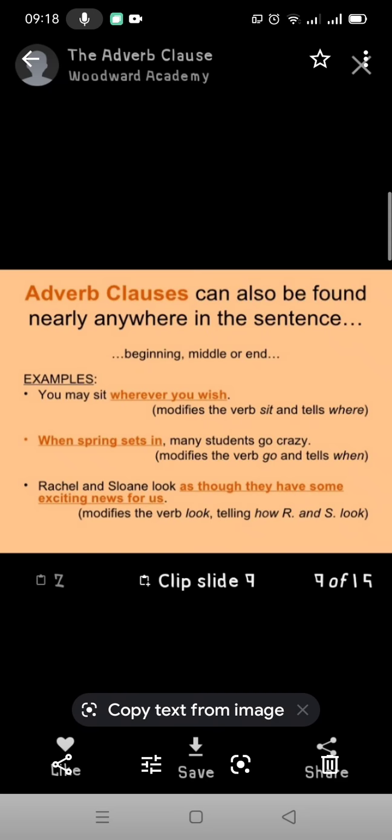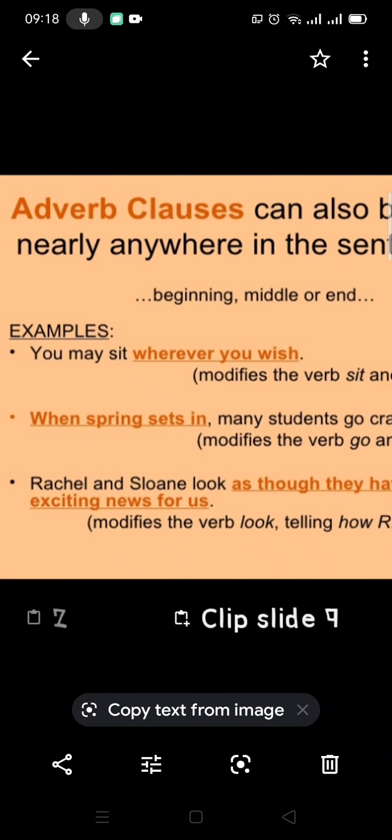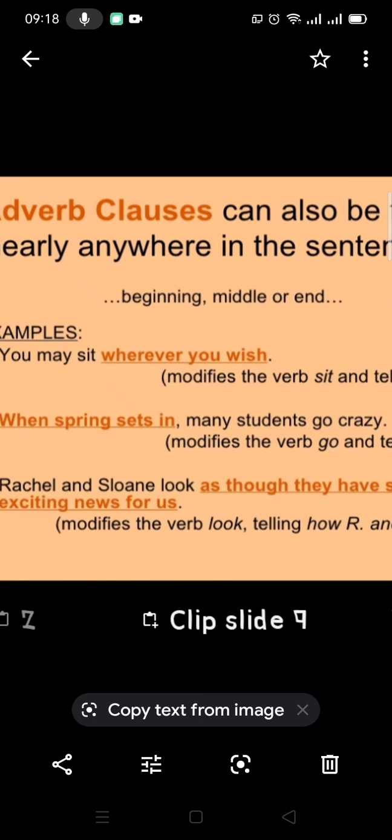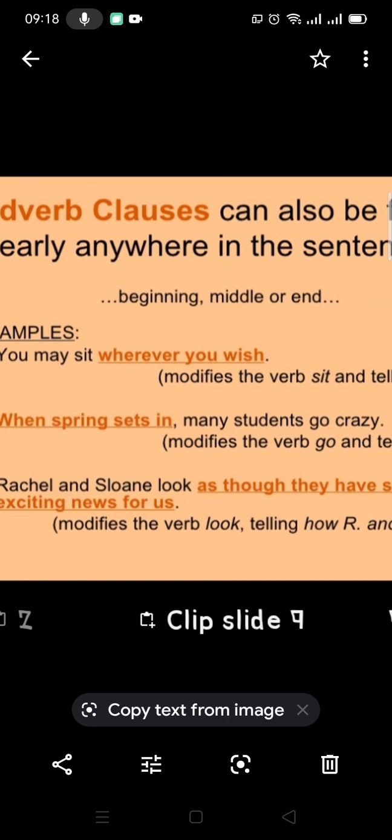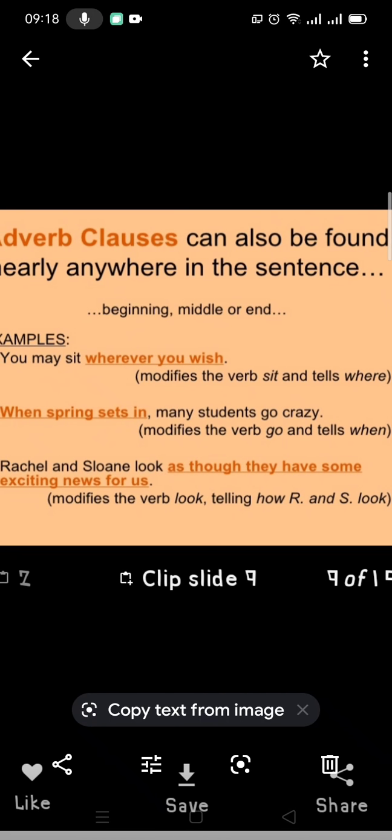Then there are a few examples of adverb clauses. Number one is: you may sit wherever you wish. Here, the highlighted clause, wherever you wish, is an adverb clause and it is modifying the verb sit, and it answers the question where, as you can see on the screen.